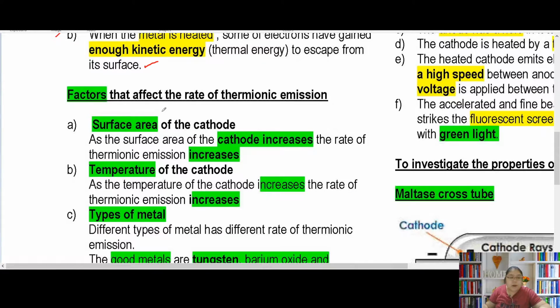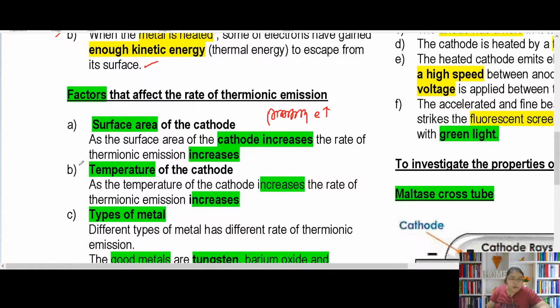When the surface area of the metal, for example a filament, is larger, there are more electrons. When I heat it, more electrons will come out. As the surface area of the cathode increases, the rate of thermionic emission also increases.